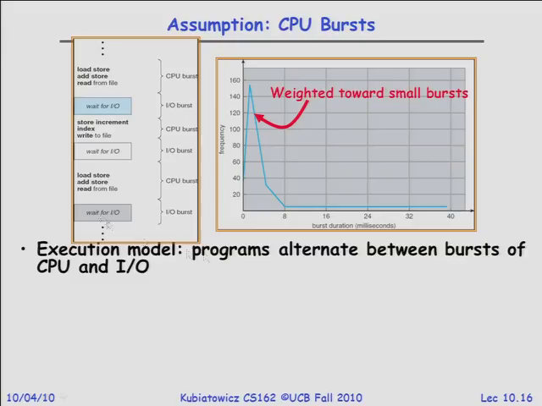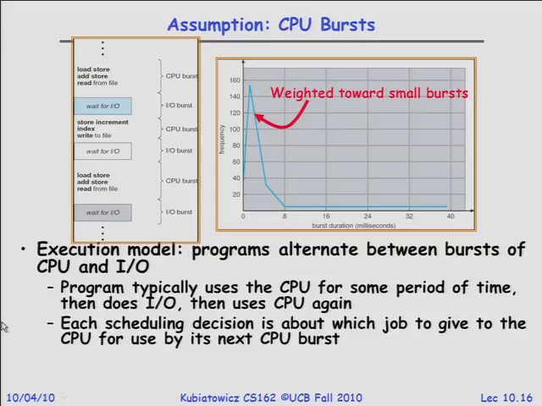This particular graph is assuming that there's a bunch of interaction and then some long computing, but in general, things run for a burst and then they do some I/O and then another burst and do some I/O, and what we'd like to do is craft our scheduling around knowledge about how this application is going to run and use that to meet some goals of the system. Okay, so what goal might I want based on this graph?